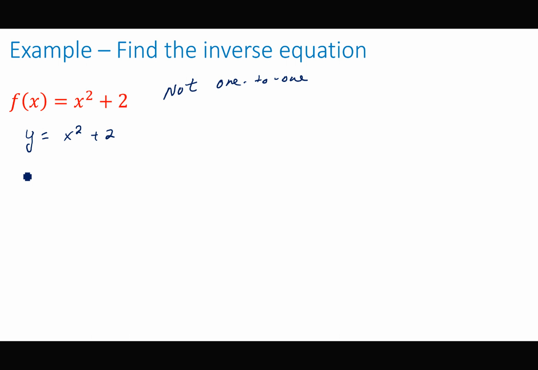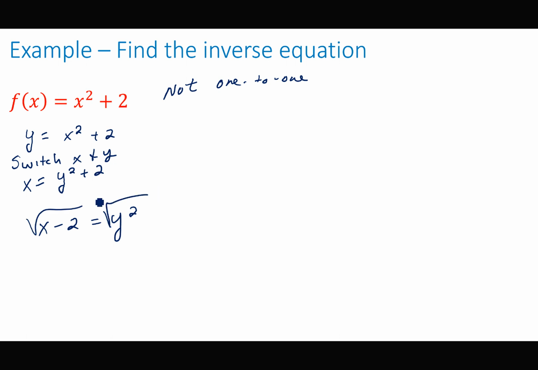We could switch our x and y, so let's say x equals y squared plus 2. So then x minus 2 would equal y squared. To undo the squaring, we would take the square roots of both sides.